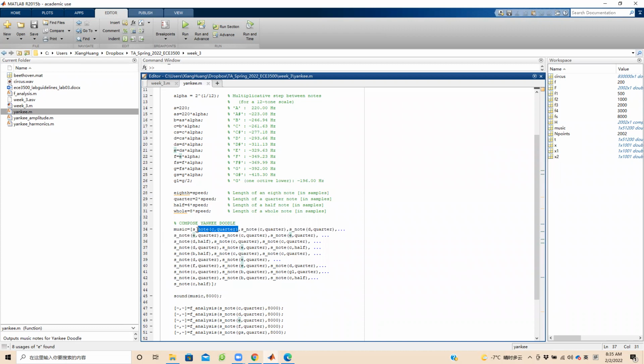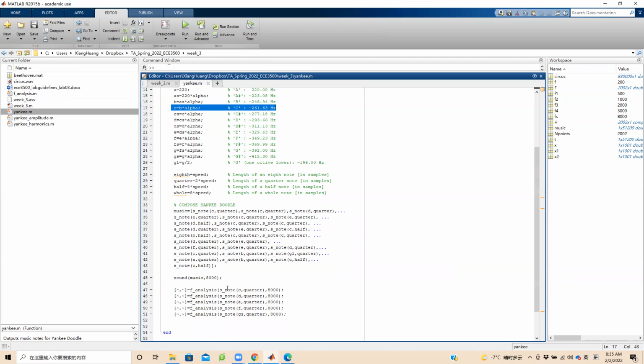For example, the first note has the frequency of C. C here is defined as this. You can look into the comment part. It says C has the frequency of 261.63 hertz.